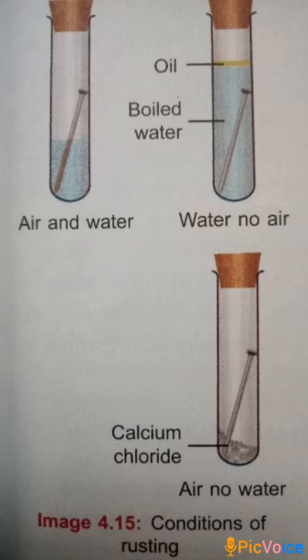But in test tubes B and C, there is no change in the nail. It remains as it was before. So, oxygen and water are the conditions necessary for rusting.